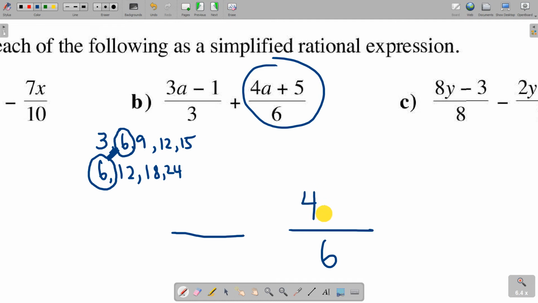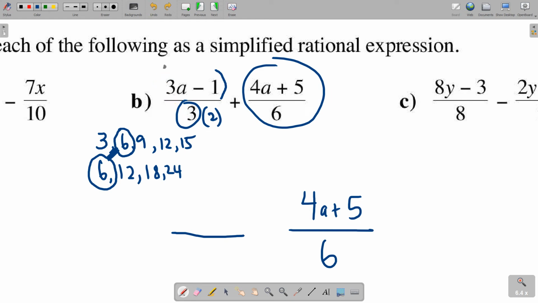4a plus 5 shall be that one. I need to make 3 into a 6 by multiplying it by 2. And now here is where it gets tricky. I've got to multiply not only the denominator by 2, but the numerator by 2. This is careful distribution. Are you ready? The arrow is appearing to show you what to multiply by. 2 times 3a gives you 6a's.